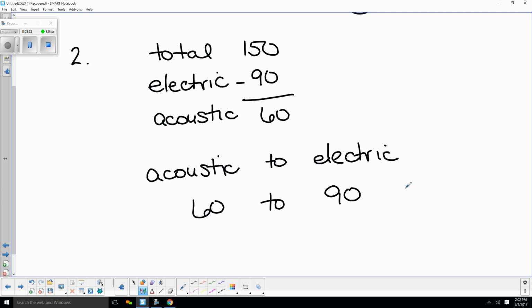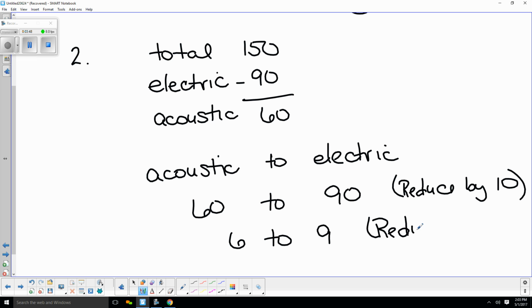Well, what I notice here is I need to reduce that down, so I'm going to reduce by 10, which eliminates the zeros, is all that's doing. So now it's 6 to 9. And now what I notice is this can reduce by 3. So that means that's a 2 to 3 ratio.